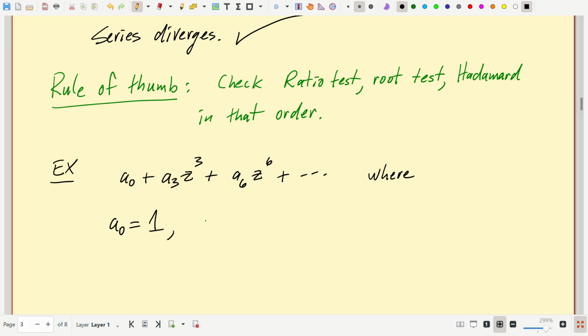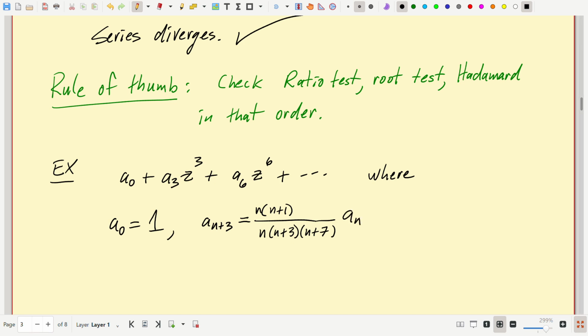Then we recursively define coefficients as a n plus 3 equal to something screwy, like (n plus 1) times n over n times (n plus 3) times (n plus 7), something ugly and weird, times the previous a n.